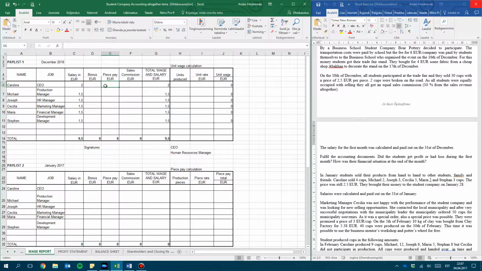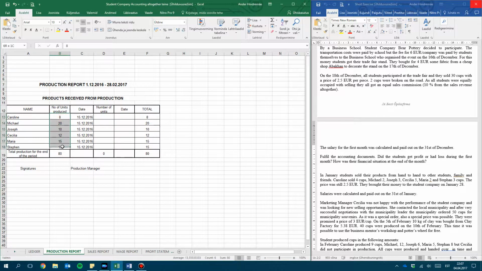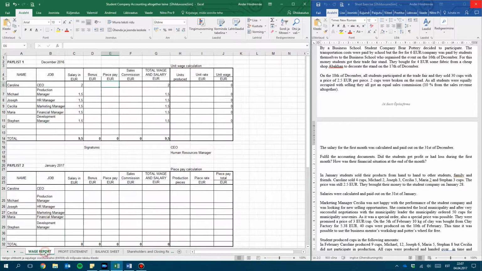So if you remember, the company said that for each product produced, a person will get €0.5 added to his or her salary. And because everyone produced a different number this month, as we can see over here, we actually have to calculate it. And for that, we actually have a table added here as well. So I copied the units produced. I have the people in the same order here.